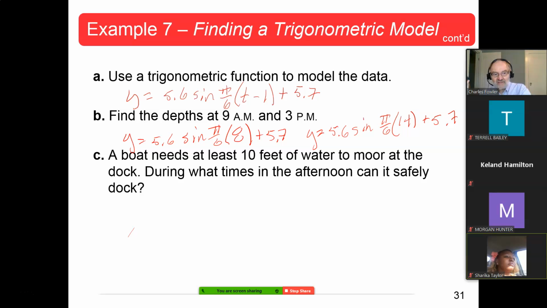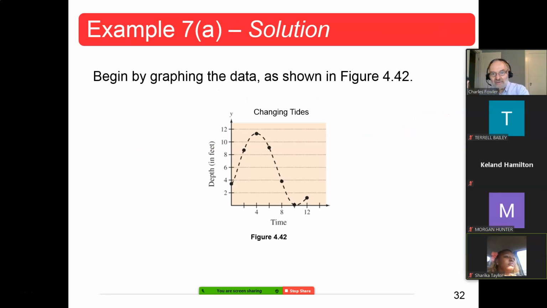Let's see what the graph looks like. Now remember, it has a 12-hour period, so 3 o'clock would be right about there, and that looks like it could easily be 10.5.